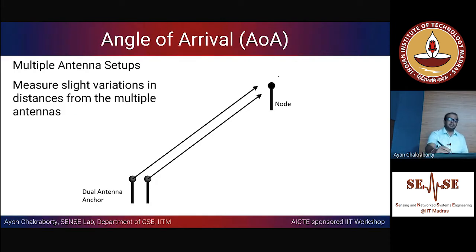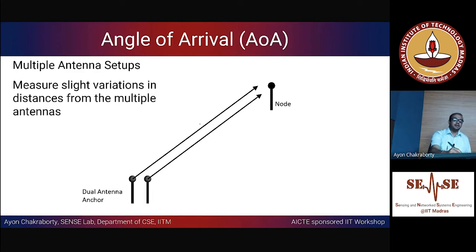The node, let it be just a single antenna, right? And the anchor, instead of having a single antenna, might have multiple antennas. In this case, let us consider a dual antenna anchor setup. The main target we are trying to achieve here is to measure the slight variations in the distances from the multiple antennas.